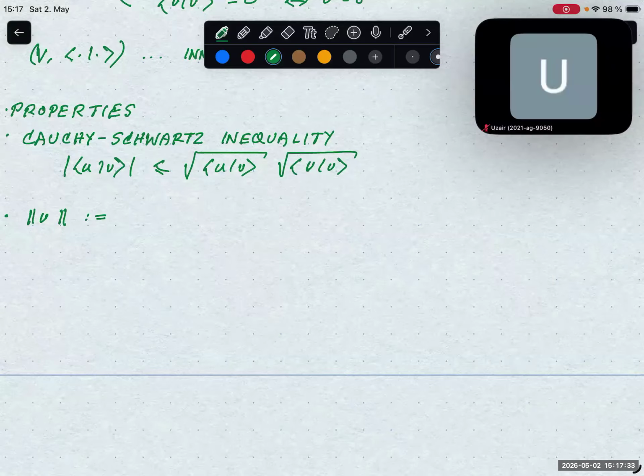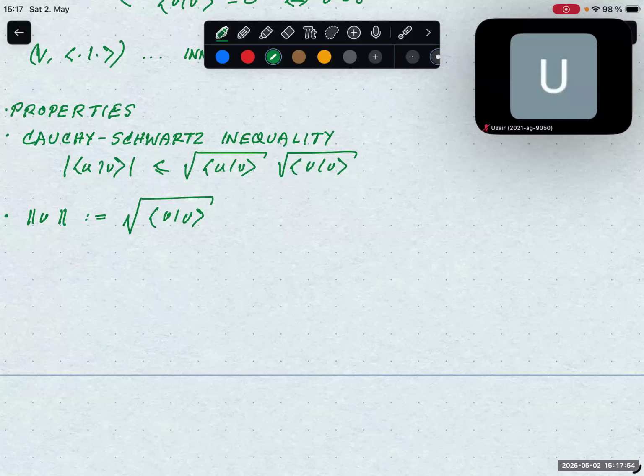That's another motivation, right? We talked about introducing the inner product. So this is the norm squared, and you take the positive square root. Okay, so this way we see that once we have an inner product, we can get the norm.